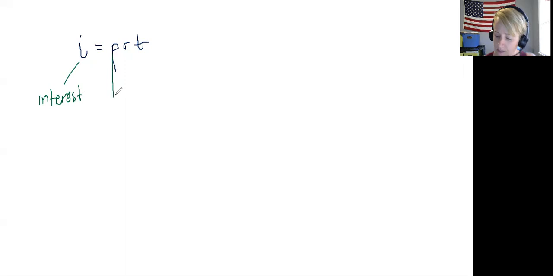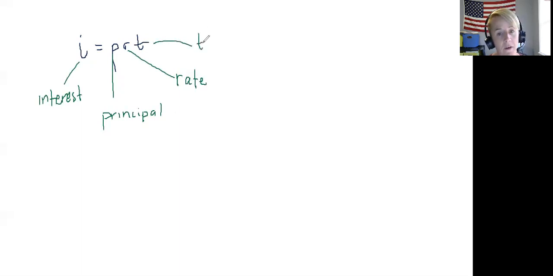P represents your principal. R represents your rate. And T represents time. And in this particular formula, the time is in years. So it represents time in years.